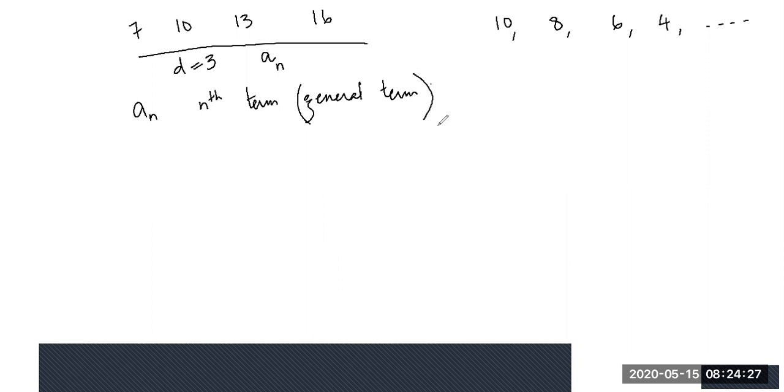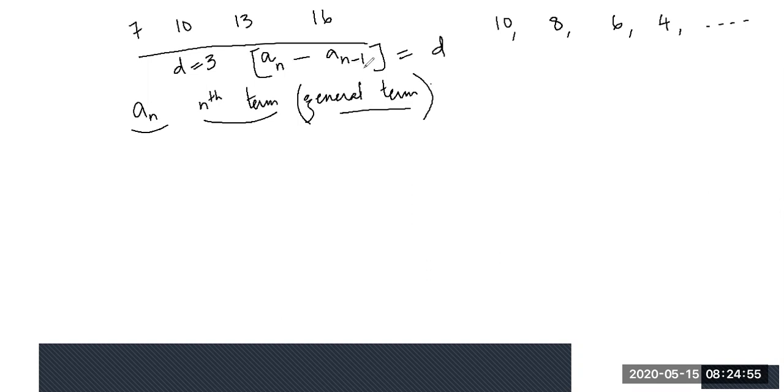We're going to have the formula for calculating the general term also. You might have got an intuition how to calculate that. Now, what will be the term preceding an? That will be an minus 1. Basically, an minus an minus 1 is equal to d.